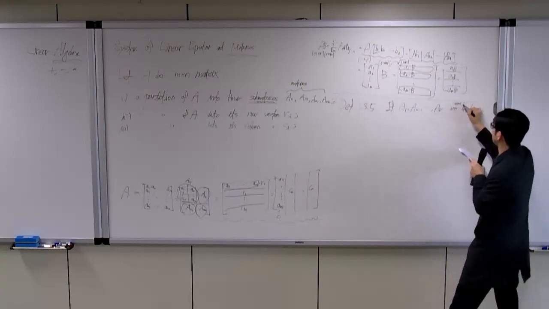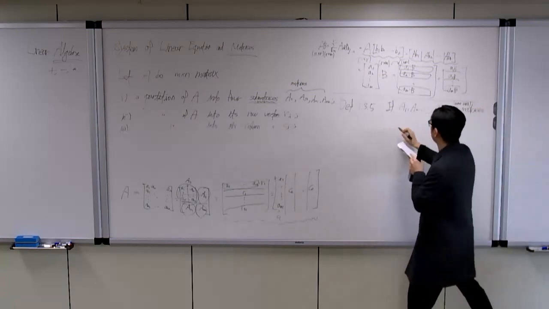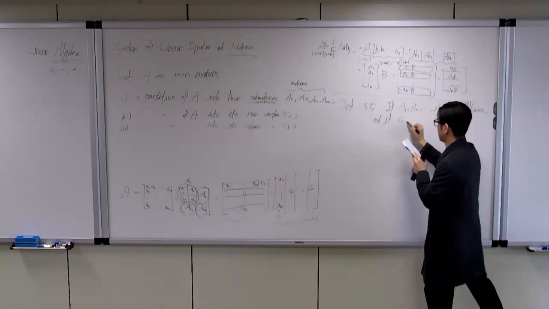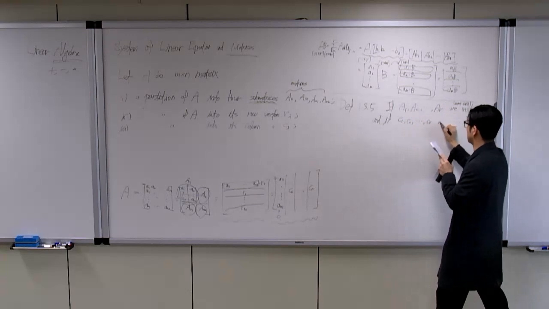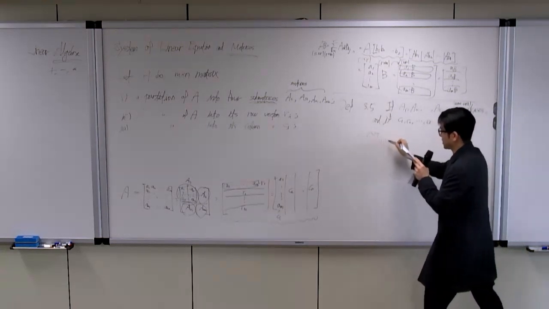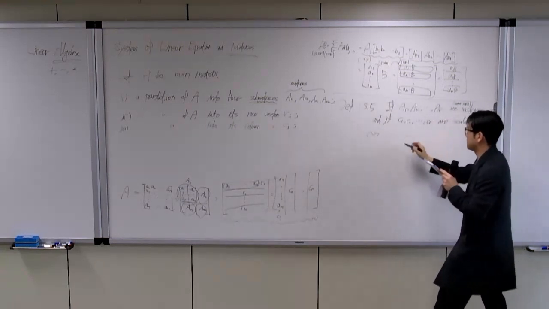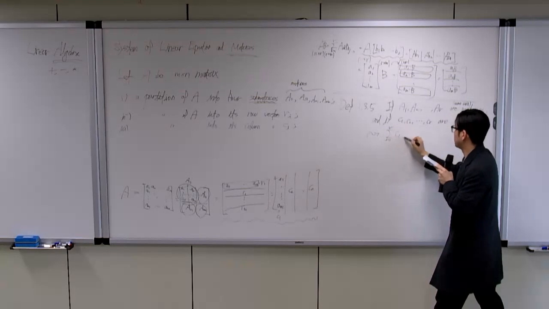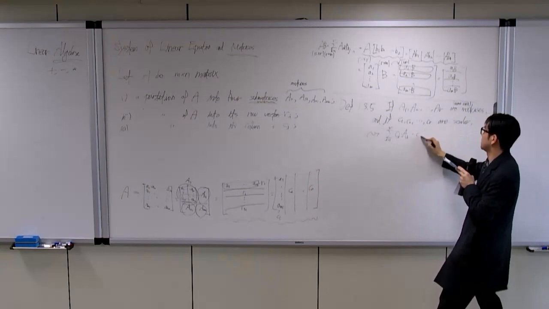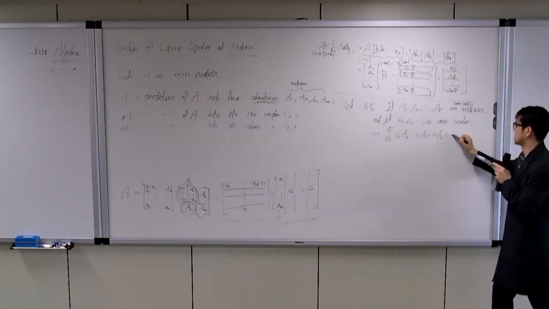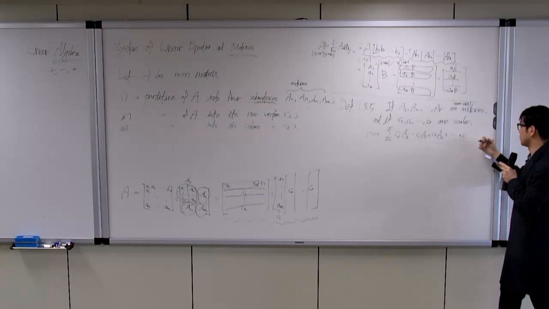Take matrices of the same size, and suppose we have scalars. Then the summation from 1 to r of c_i A_i means c1 A1 plus c2 A2 up to cr Ar. We define scalar multiplication, so it is well defined.